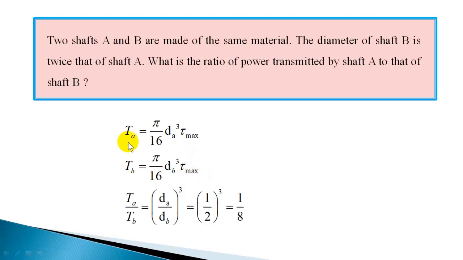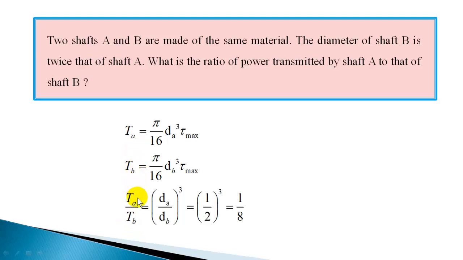Because power is directly proportional to torque, the ratio of power transmitted is equal to the ratio of torque transmitted. So power is given by 2 pi NT divided by 60,000. So power is directly proportional to the torque. So the ratio of power transmitted means the ratio of torque transmitted.